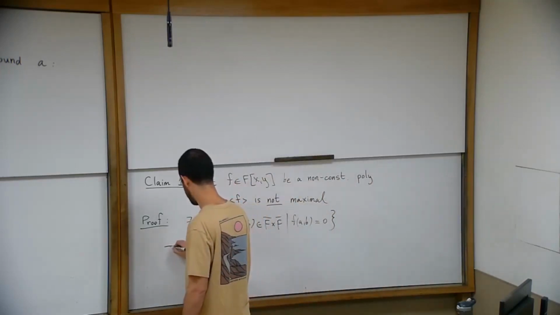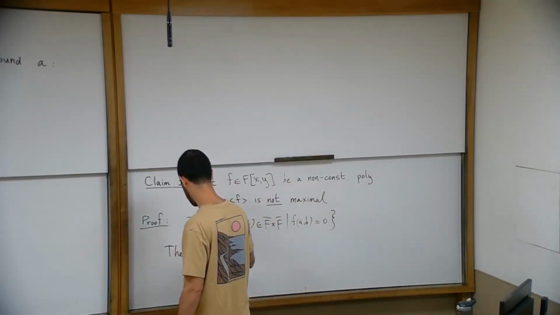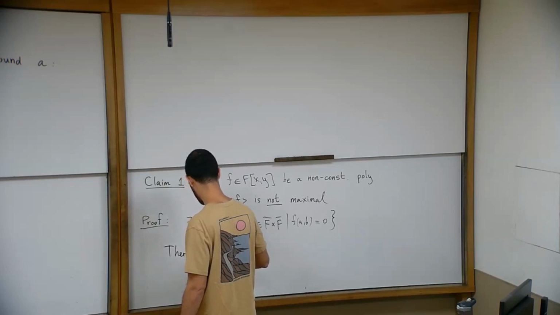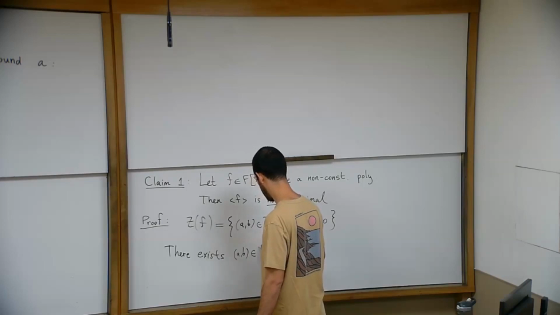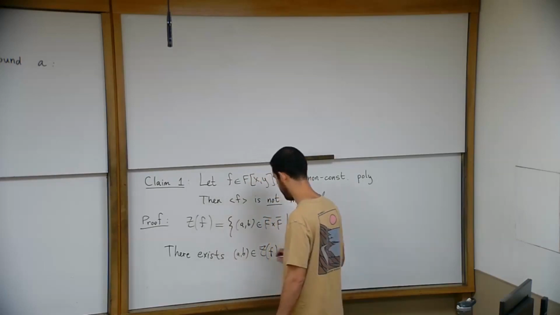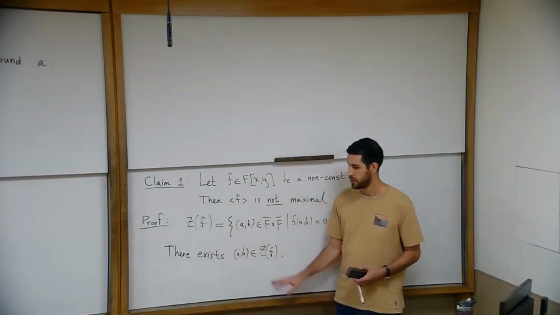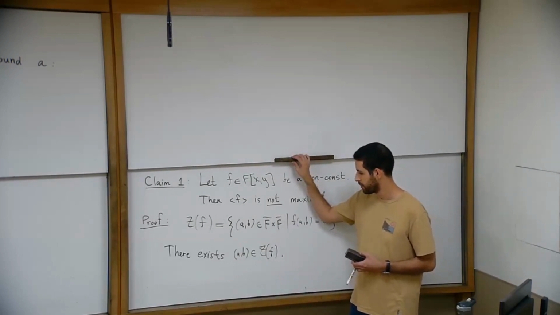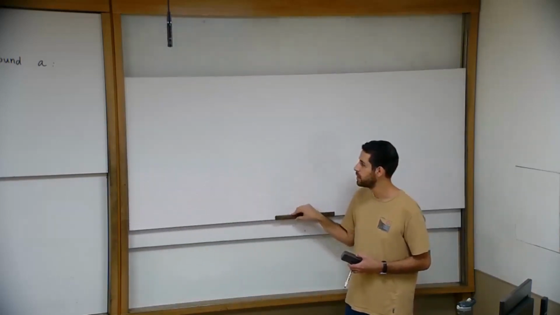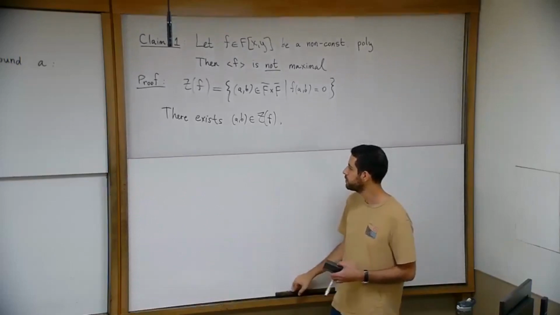In particular, there exists (a, b) in Z(F). These things we showed last time. So we have a point on the curve, and what can we do?